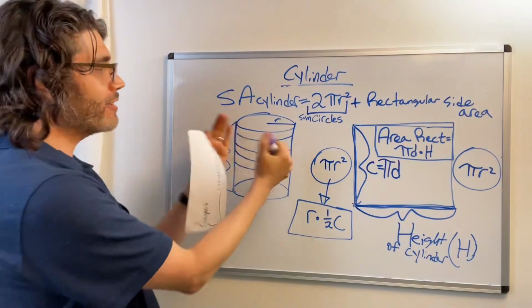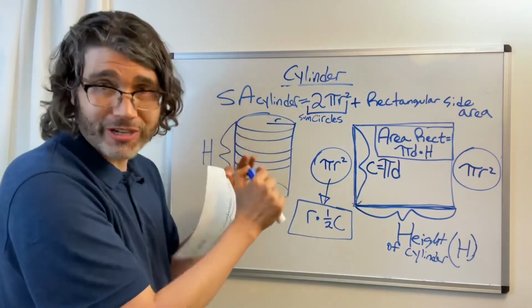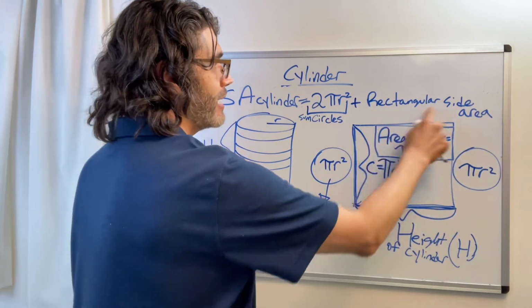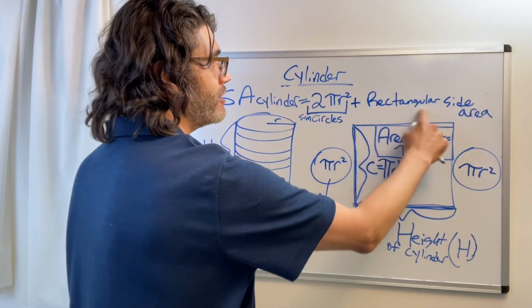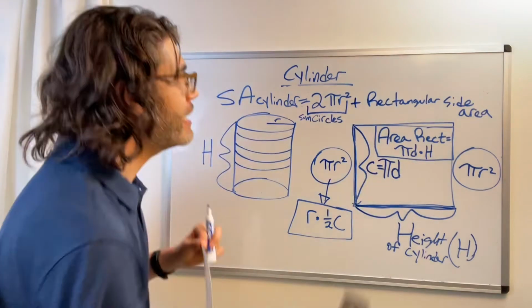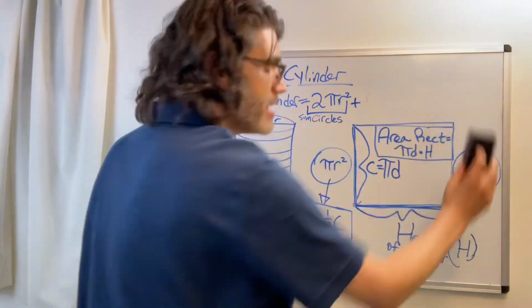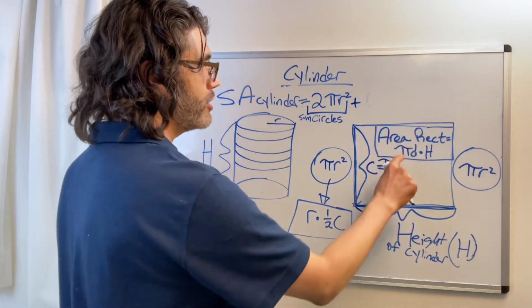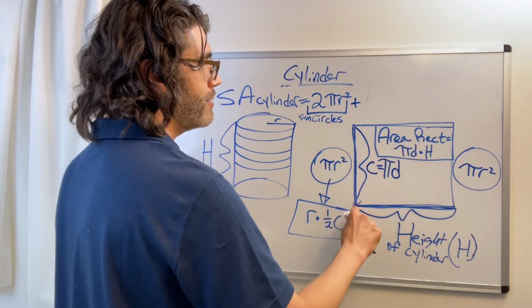So the lateral area, or the soup label, you want to call it, is this rectangular area, and now we can take this away and put in the formula for the area of this particular rectangle, which is pi d times h.